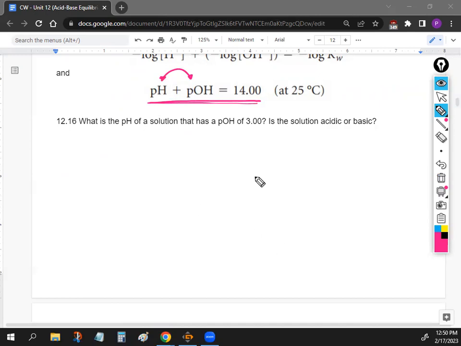All right, so let's do this really quick question. What is the pH of a solution that has a POH of 3? So if POH is 3, what is the pH going to be? 11, yeah.